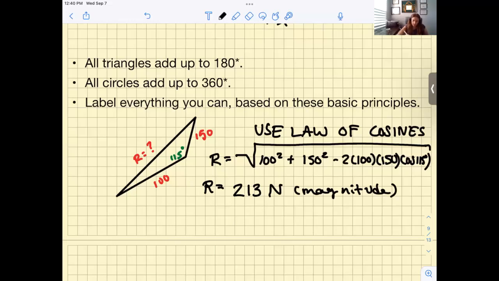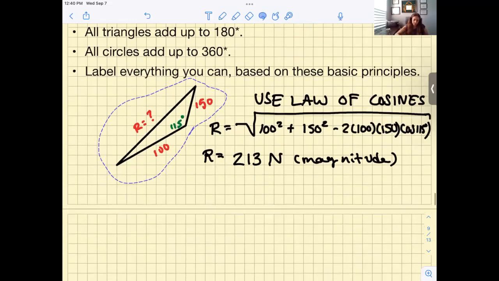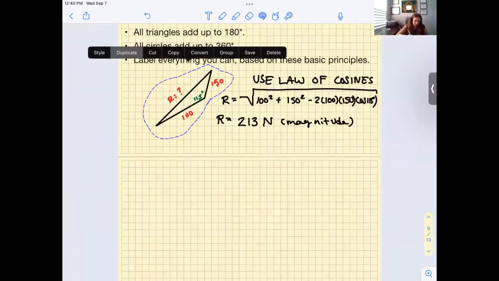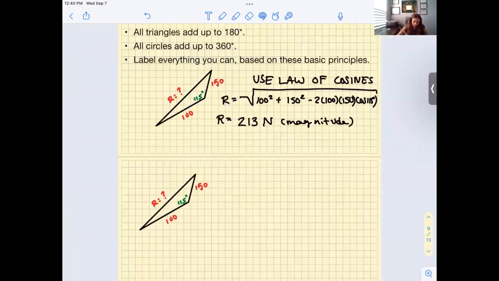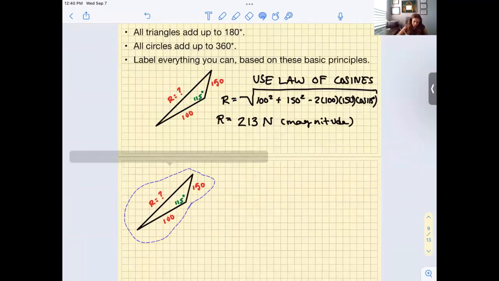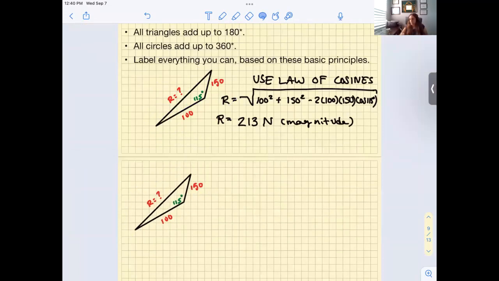So we have our triangle here. Let's call this unknown angle 1 and unknown angle 2.